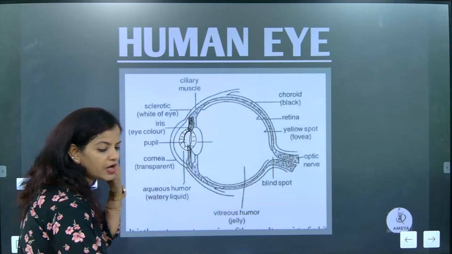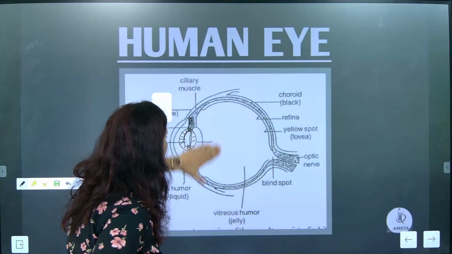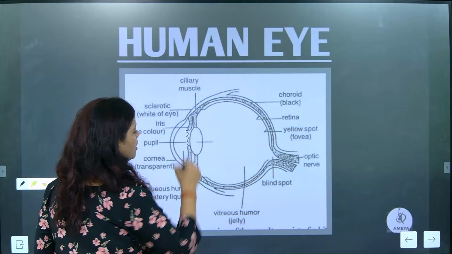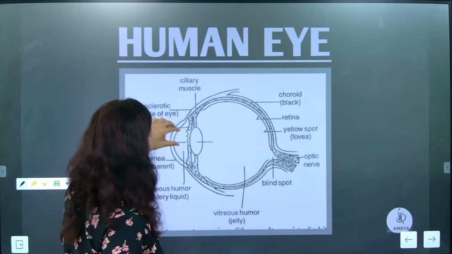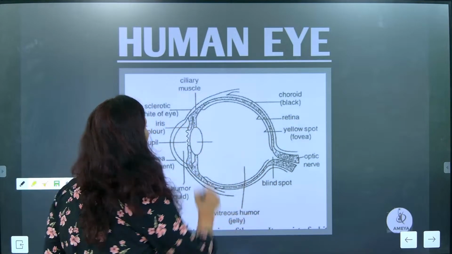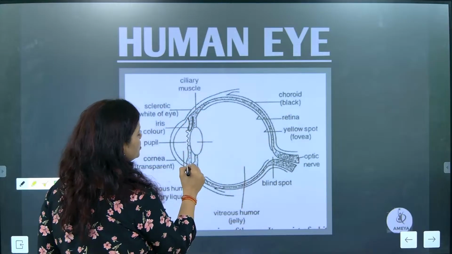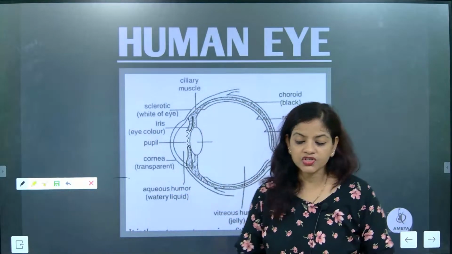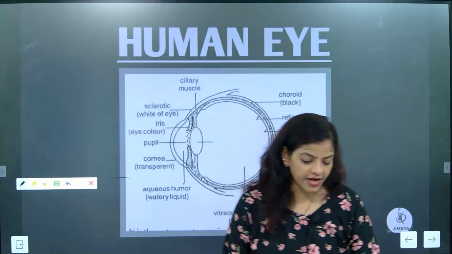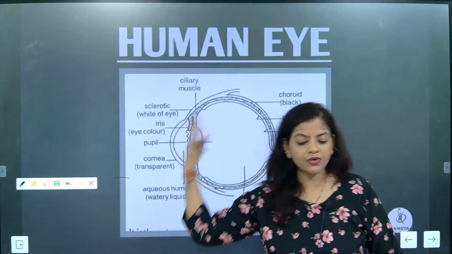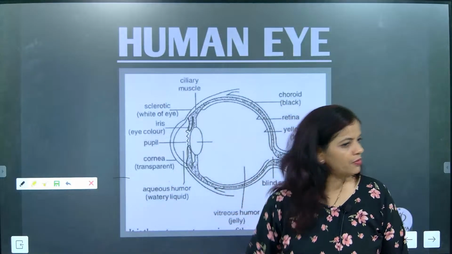The opening in between is called the pupil. Through this opening only, light is entering. The iris is the one deciding how much light should enter and how much should not.